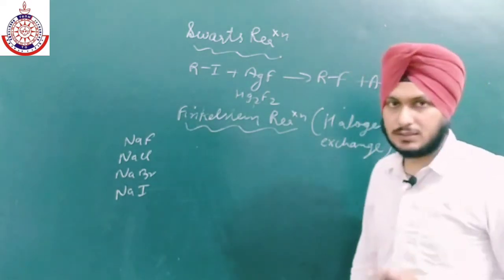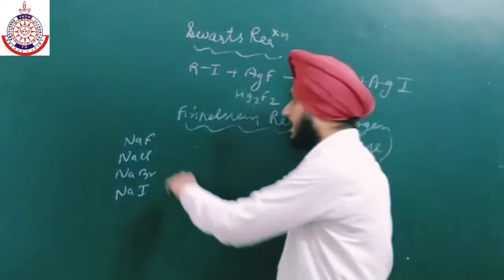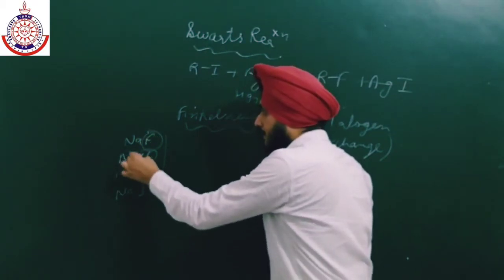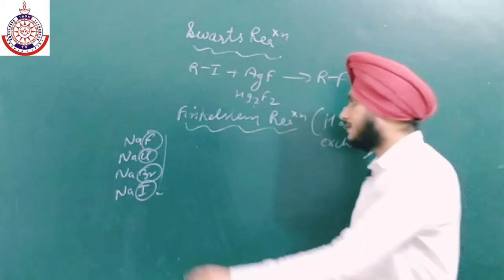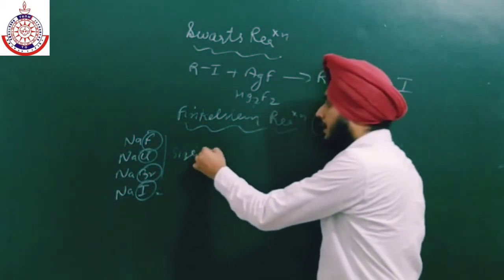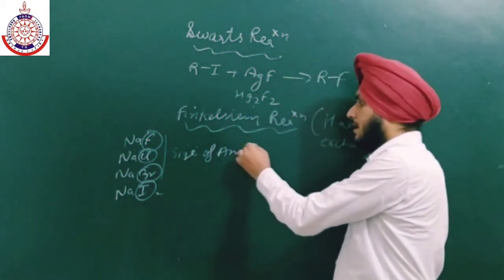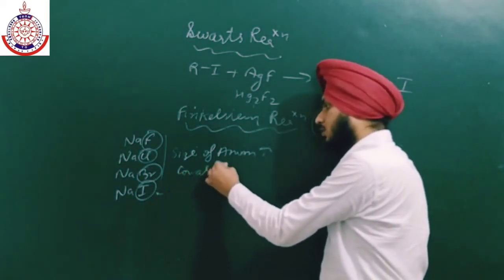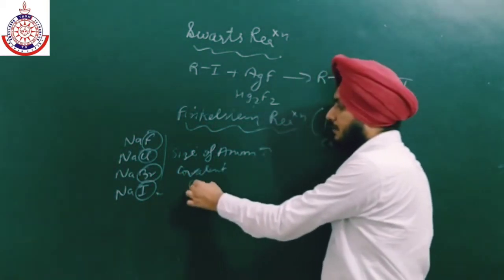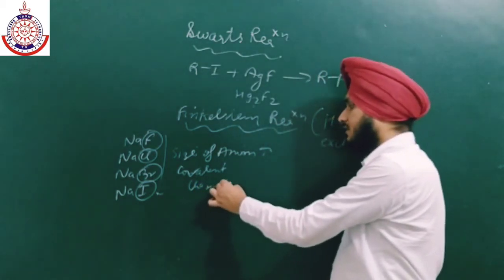There are two reasons why the solubility increases. The first reason is that as we go from top to bottom, the size of the anion increases. As the size of the anion increases, the covalent character will also increase according to Fajan's rule.